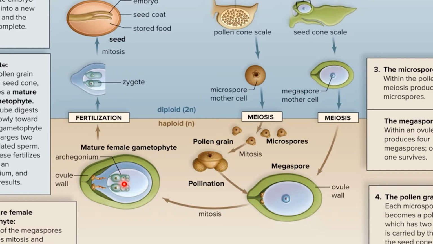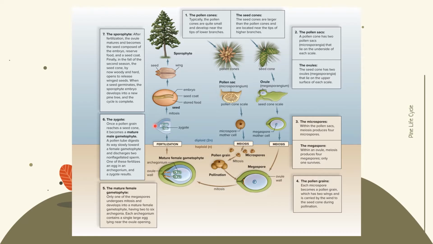Once it fertilizes, it will become the zygote. The zygote is diploid, since the mature male gametophyte is haploid and the mature female gametophyte is haploid.